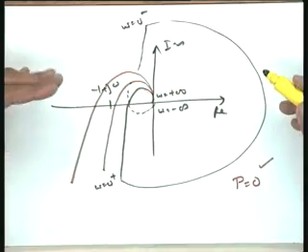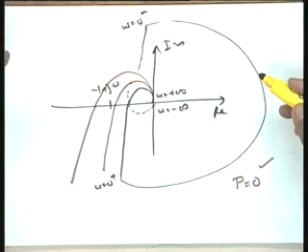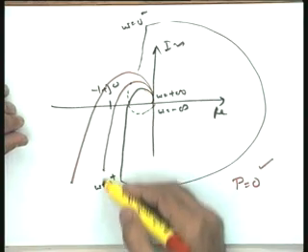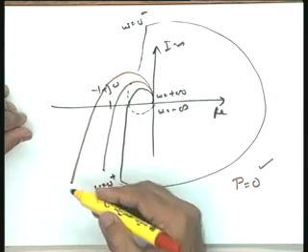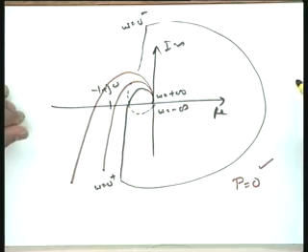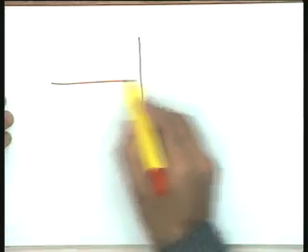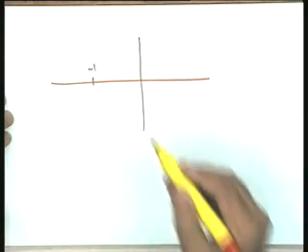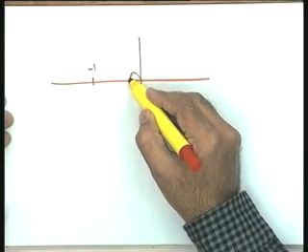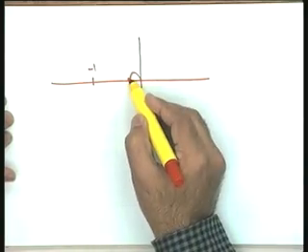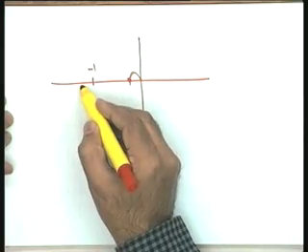So, I can say that the relative stability is given by the relative distance of the polar plot or the Nyquist plot with respect to the point -1 plus j0. Now, how to measure the relative distance? Let us say this is the -1 point. If the plot intersects at this particular point, there is a big distance as far as the real axis is concerned.